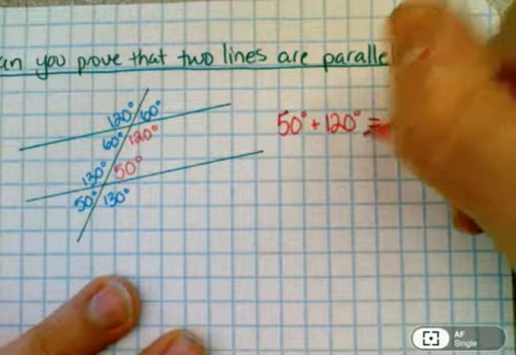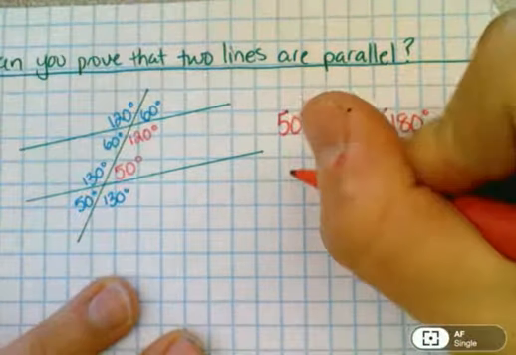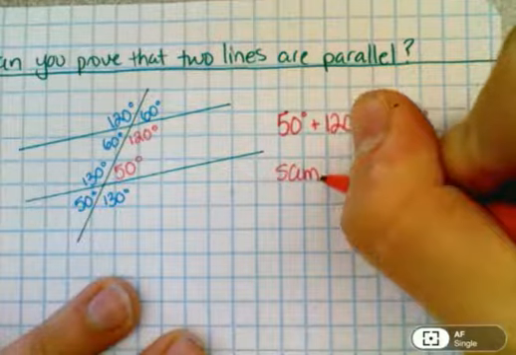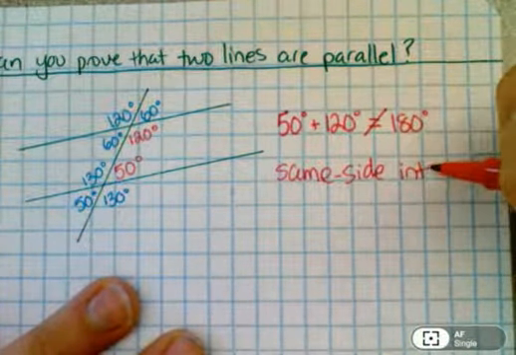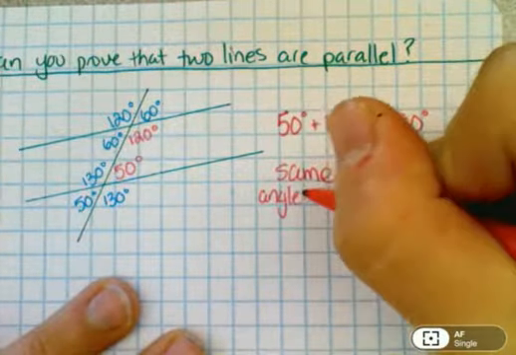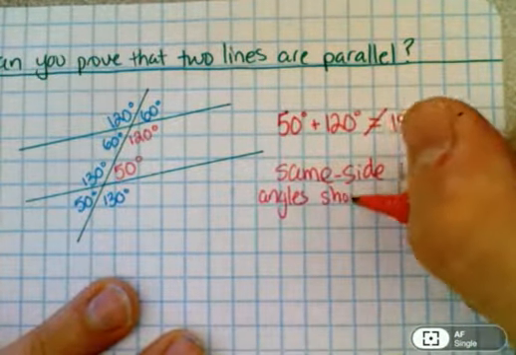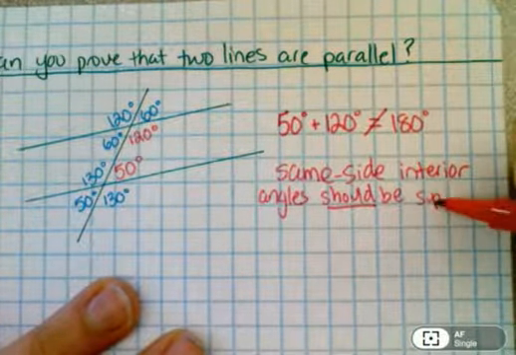And so we're going to put a little slash through the equal sign, and then we're going to write below: same side interior angles should be supplementary.